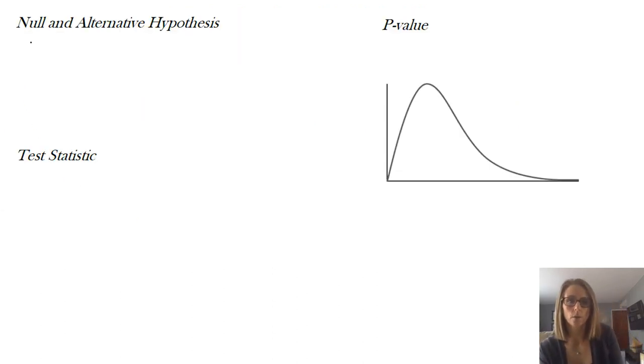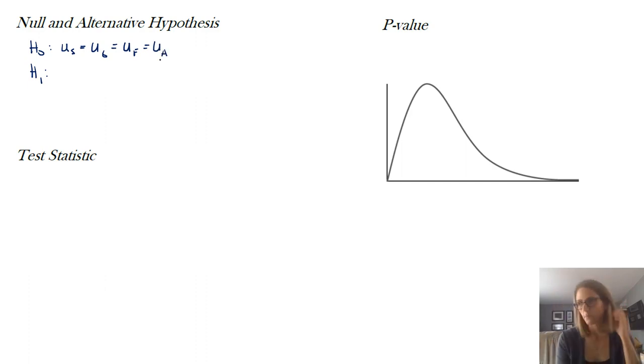So H0, H1. So in this case, I might write mu of State Farm equals mu of Geico equals mu of Farmers equals mu of AAA, maybe something like that.